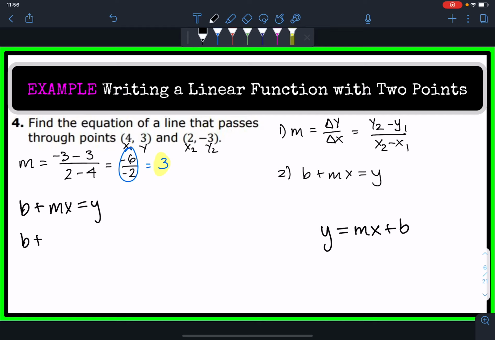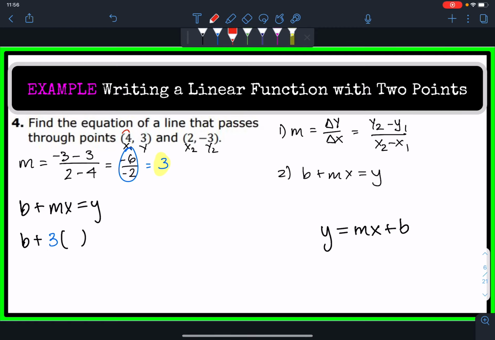I do not know what the value of b is. That's what I'm looking for. I just calculated that the m value is equal to 3. So I'm plugging in 3 right there. The x value I'm going to get from our points, and we have 2 to choose from this time. I could use either the first set or the second set. I'm going to decide to use the first set.